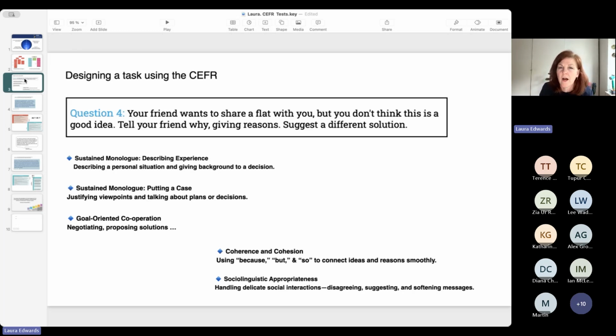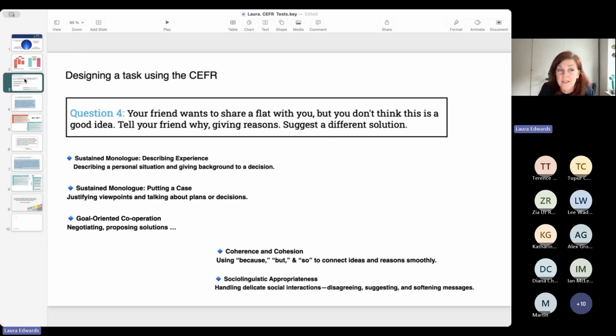They're giving this monologue. It's maybe a tricky situation, hence the sociolinguistic appropriateness. Handling delicate social interactions, disagreeing, suggesting, softening the message. And that's just 5 of the descriptors that this little task links with. But it just shows you the complexity of what's going into designing the task, but also what we're expecting.